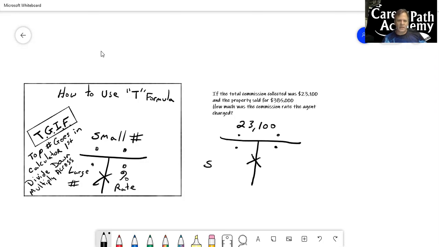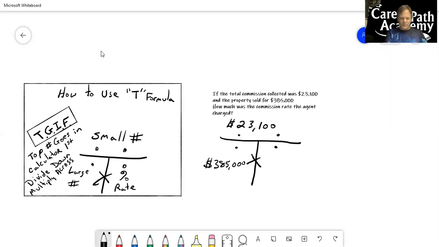It doesn't matter which side; I just usually like to put it here. So 385,000 goes on the other side. So you divide down. Now, remember, TGIF, top number goes in first. You know to divide down, but sometimes when I say divide down, people still put the 385 in the calculator first. So TGIF lets us remember the top number goes in the calculator first.